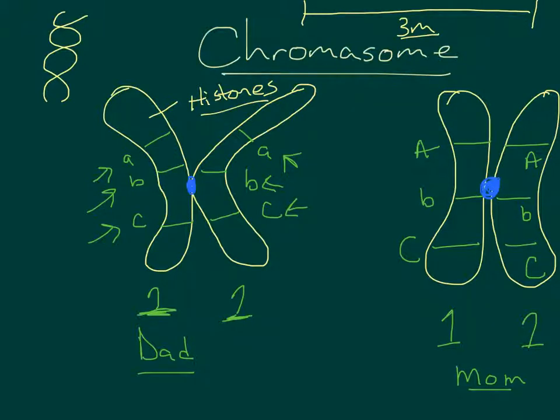But understand that this is a chromosome. That chromosome is a wound-up, 3-meter-long DNA double helix molecule that, when it's copied, you end up with two of them connected by a centromere. When these two are connected by a centromere after S phase, we call each of these a chromatid.